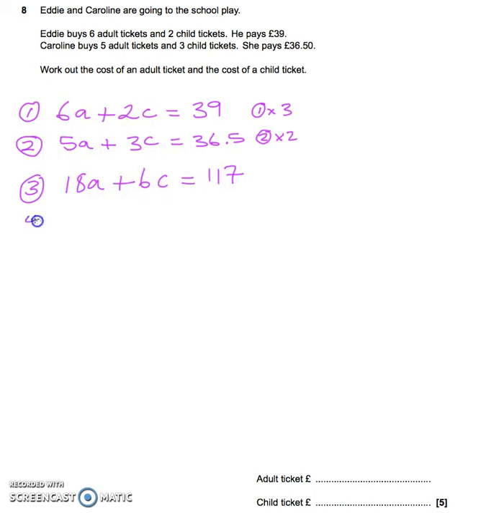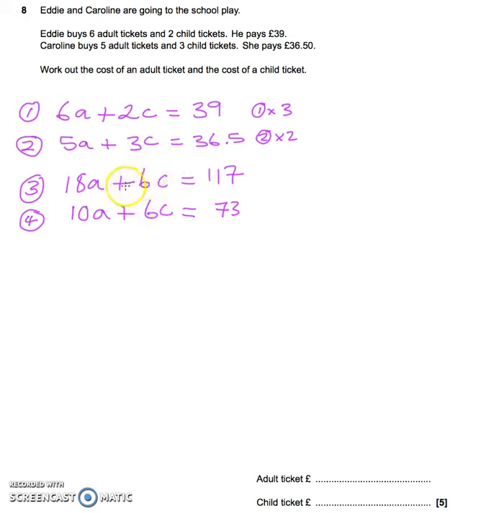And then for the other equation, equation 4, we're going to multiply by 2, so we're going to get 10A plus 6C, which is what we wanted. We wanted these to have the same number, so we can eliminate them, is equal to £36.50 times 2 is £73.